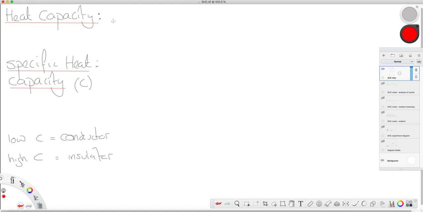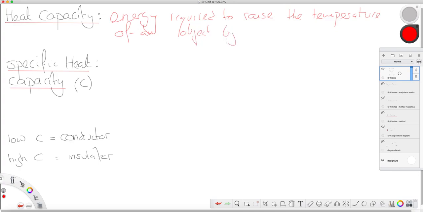So heat capacity would be the energy required to raise the temperature of an object by 1 degree C. So you might talk about the heat capacity of a mug or the heat capacity of a saucepan, but that's very specific, if you'll excuse the use of the word, to that object.